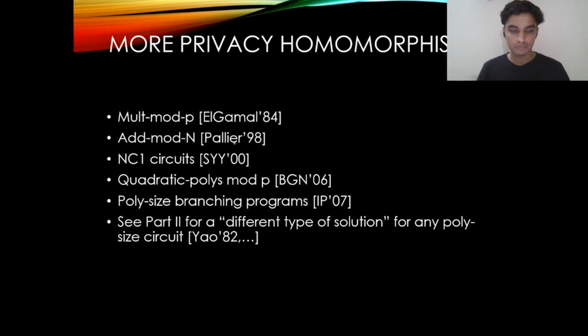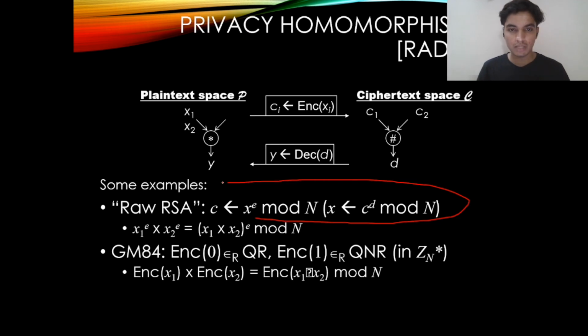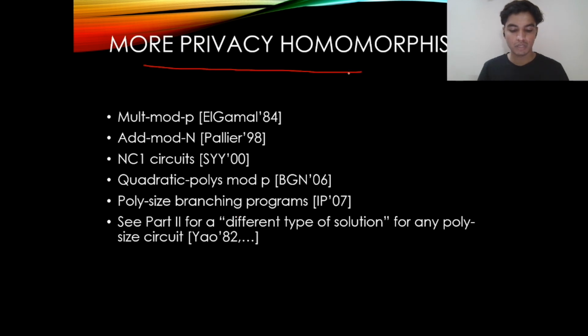RSA supports multiplication homomorphism, with examples using mod to generate ciphertext, as we have seen in the starting of the course.